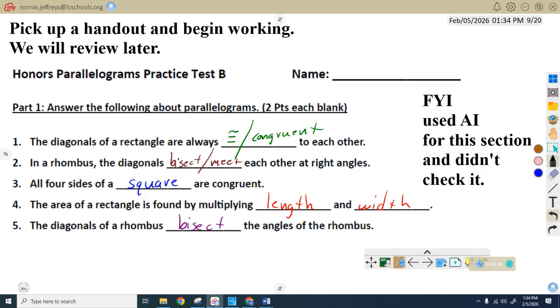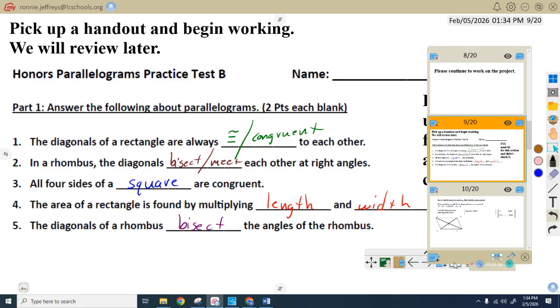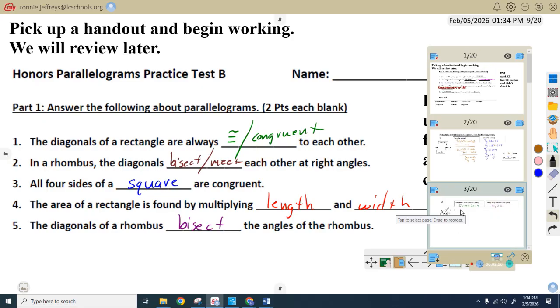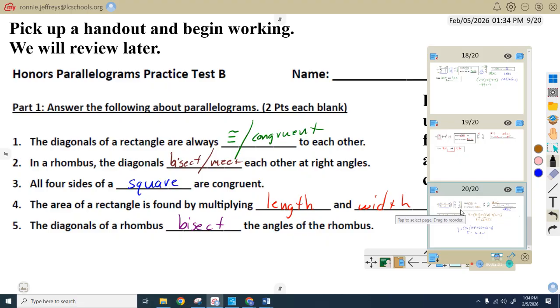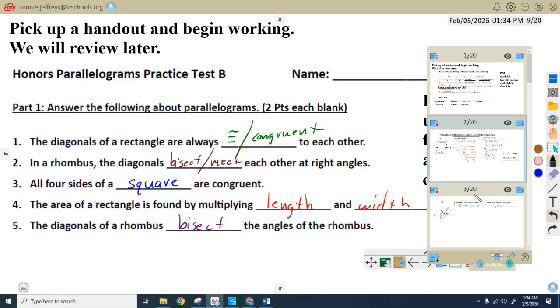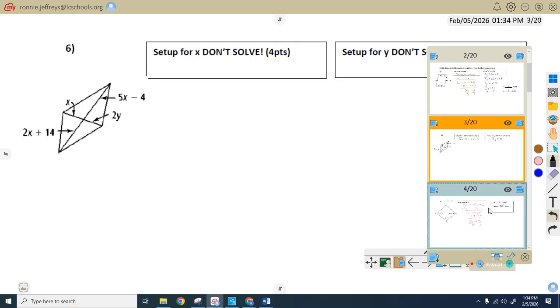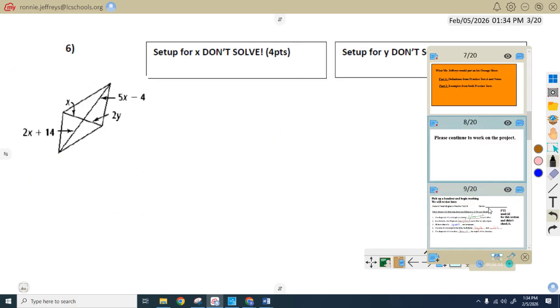Now, if I was making my orange sheet, this is what I would do if I were y'all.